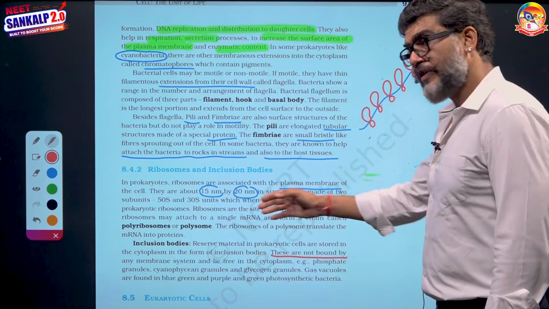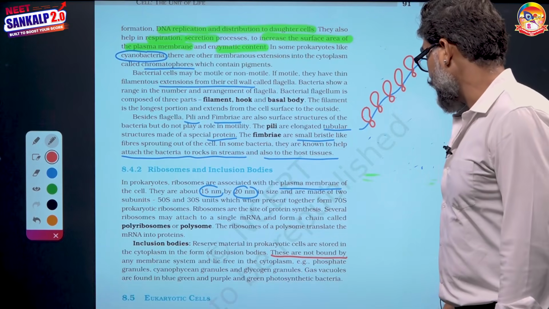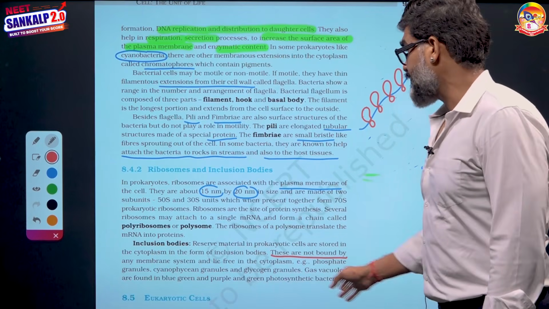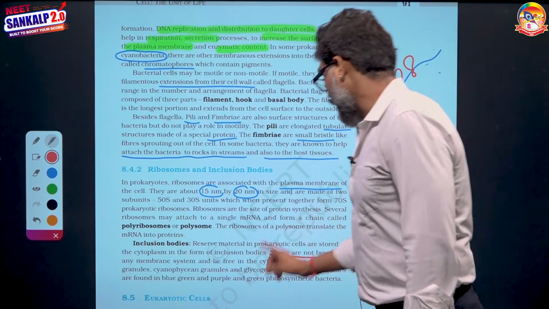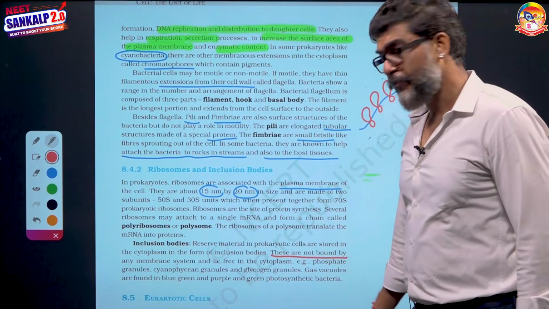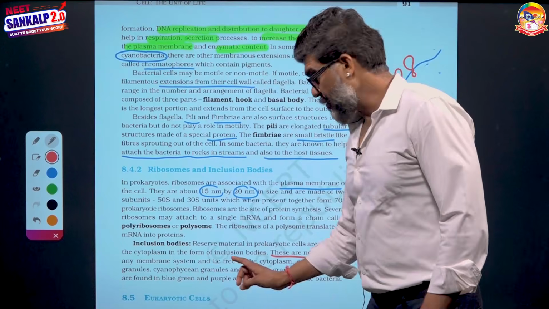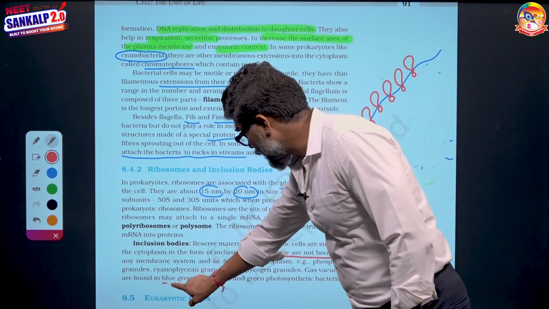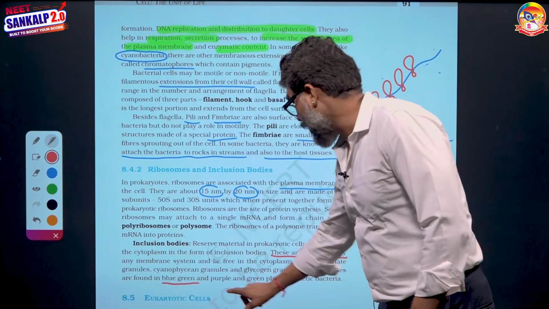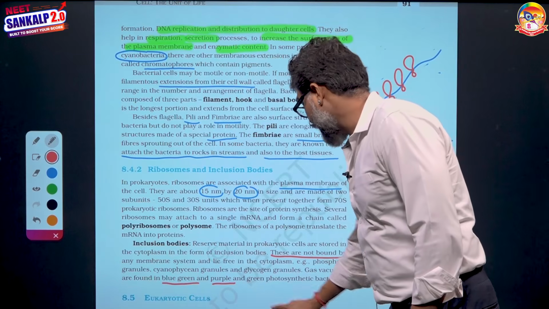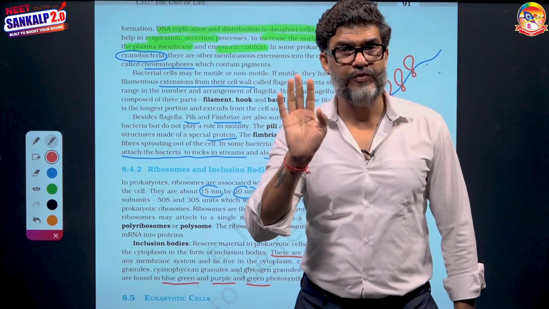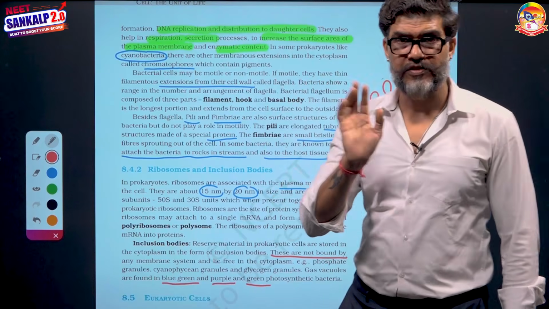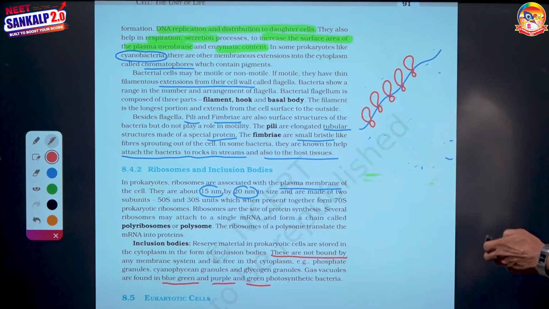Cyanophycean granules, they are protein granules, glycogen granules, etc. Gas vacuoles are found in the blue-green algae, in the purple bacteria and in the green photosynthetic bacteria. So three bacteria names: blue-green algae, that is cyanobacteria, purple photosynthetic bacteria and green photosynthetic bacteria are three types of prokaryote in which gas vacuoles remain present.